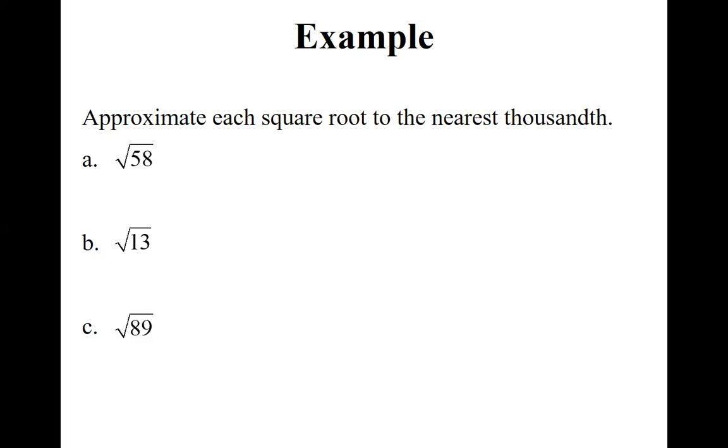If we do the square root of 58 on the calculator, rounding to the nearest thousandth is going to give us 7.616. I need some more information, so I'm going to go to my very own calculator.